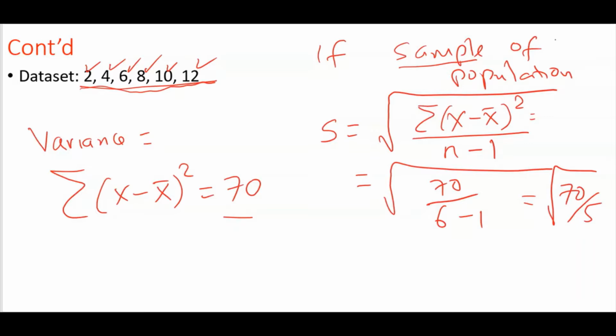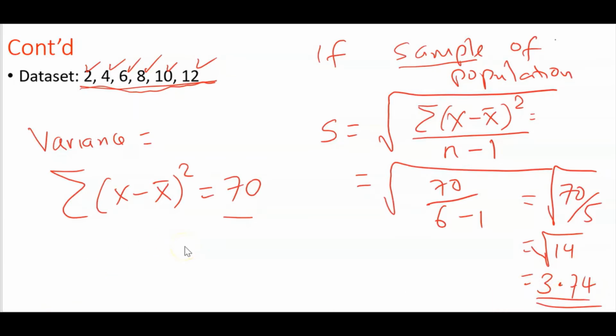So what will that give me? When you divide these two, you get 14, but the square root of 14 is 3.74 if I round it to two decimal places.